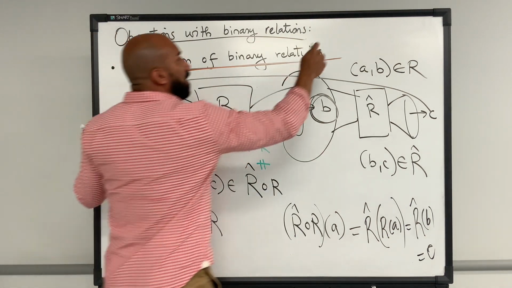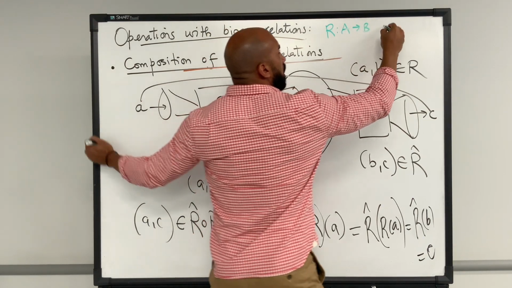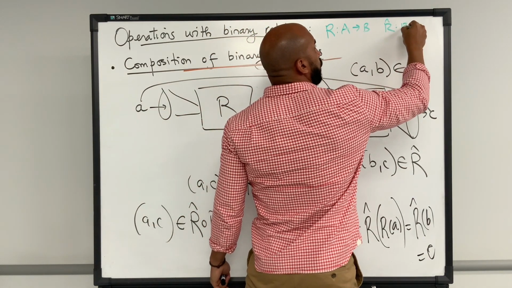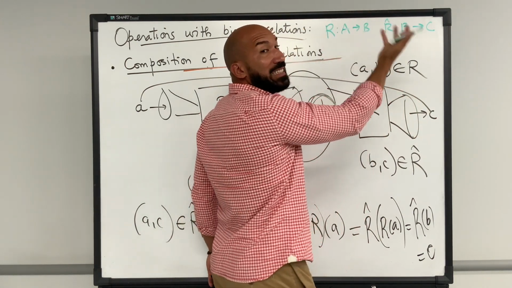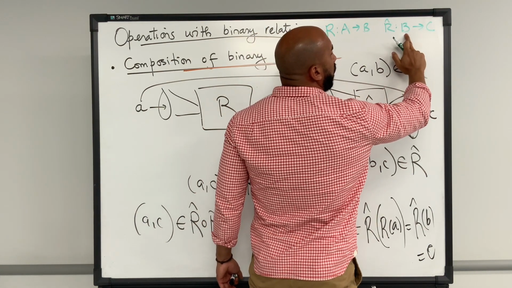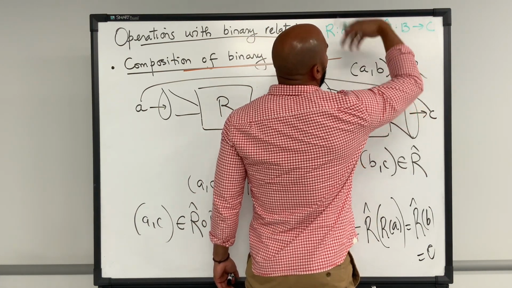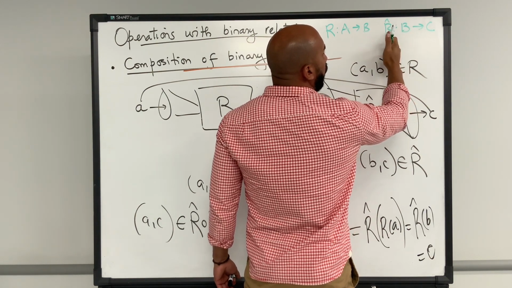So formally, R goes from A to B, R hat goes from B to C, which means that what R produces, the second components for R, are first components for R hat, a valid input for R hat.